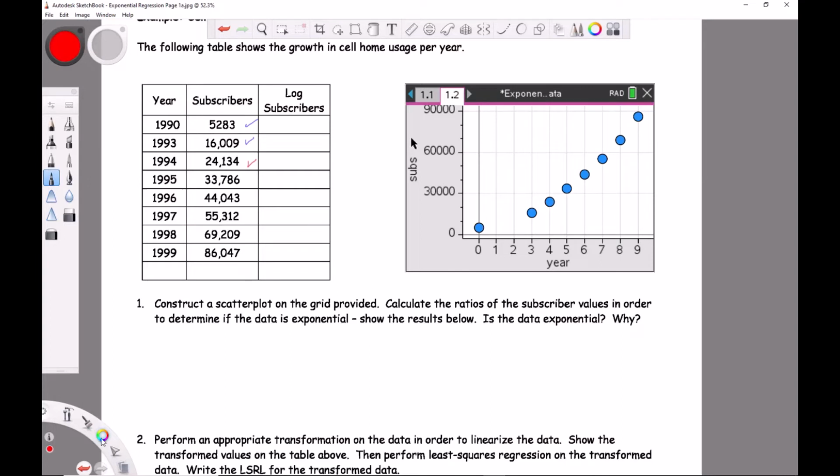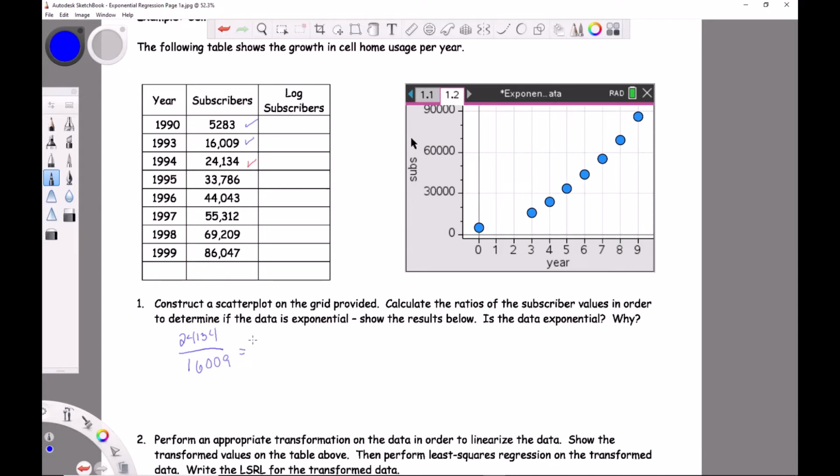Okay, so get back to my blue. And the way that you do that is to take that 24,134, and that goes over the number before it, 16,009.